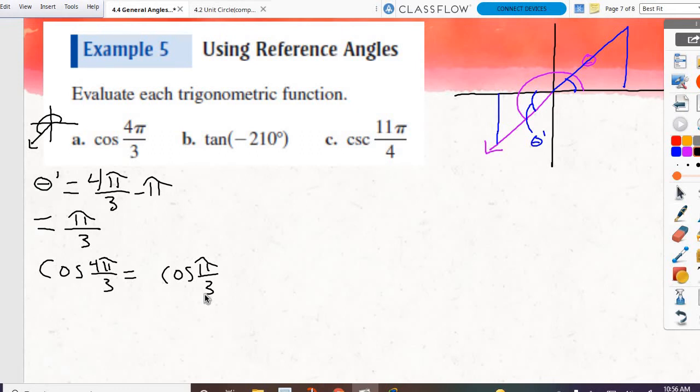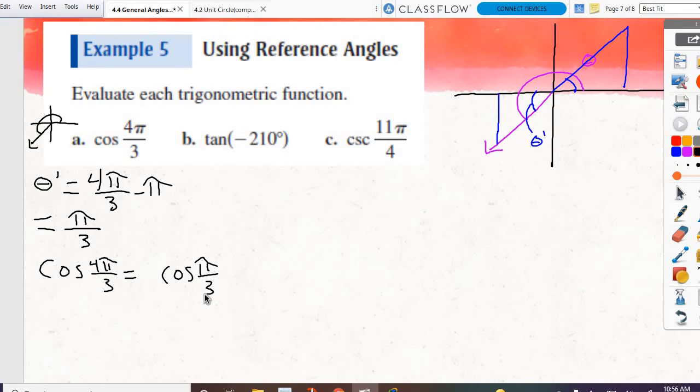Because the sides would have the same lengths, which is how we get our cosine. Yes? Now, what is the only thing that's changed by me flipping this over? What's negative? My x and my y are negative in my third. Agreed? So once I flip it, it could change your signs to positive or negative. And so we need to figure out that.